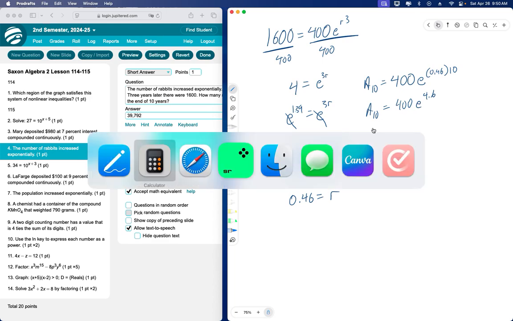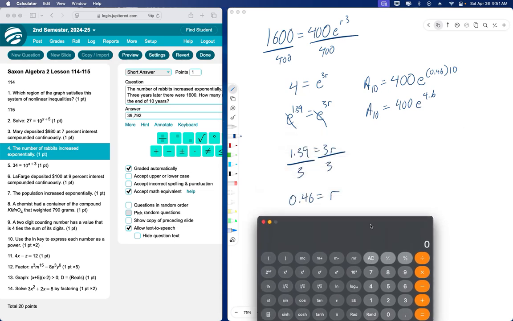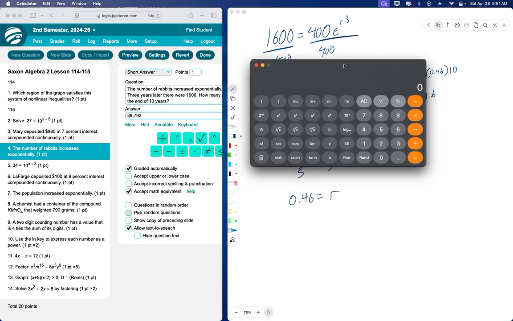Okay, so now I just pull up my Apple calculator. So I've got 4.6 e to the x times 400. Really close. Really, really close. So I think what I need to do is leave this in the calculator, right?